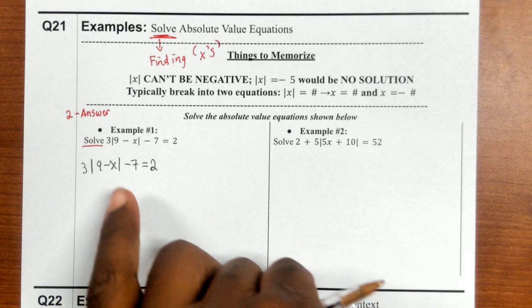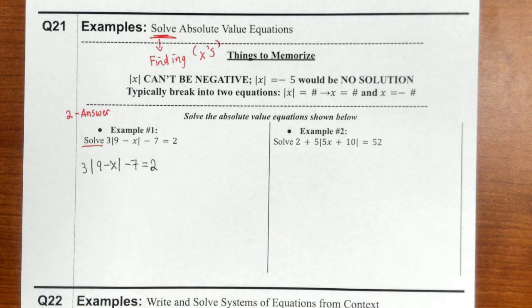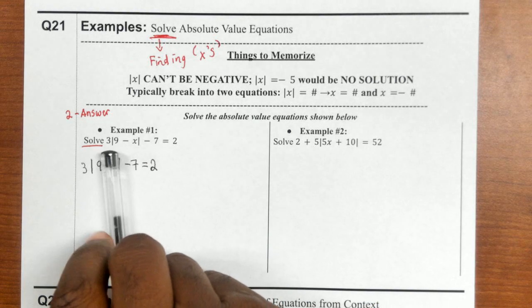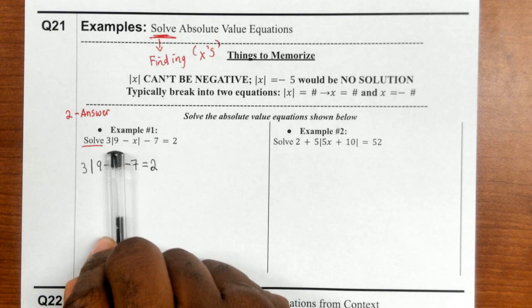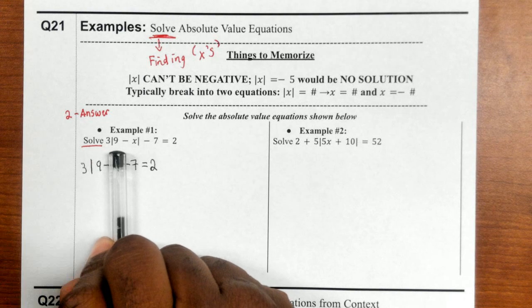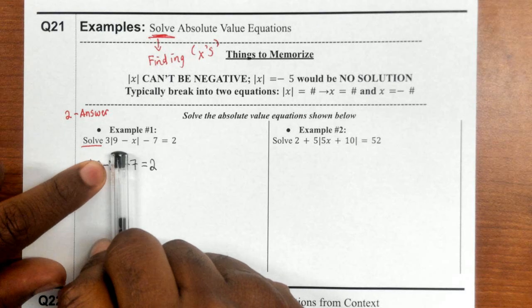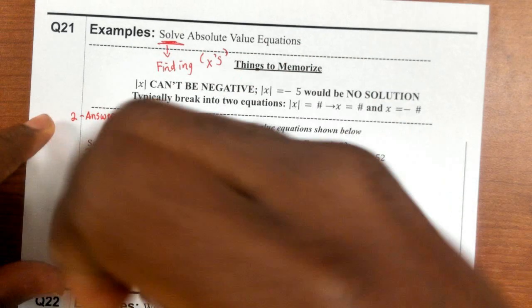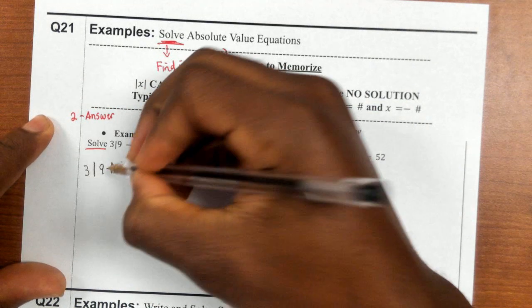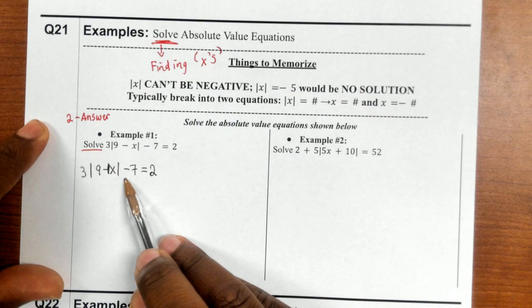The aim is to find this x, so I need to move things away from it. A lot of times I'll cover up the x so I can see what I need to move away from it. I would need to move away the 3, the 9, the negative sign in front, which is technically a -1, and the -7.